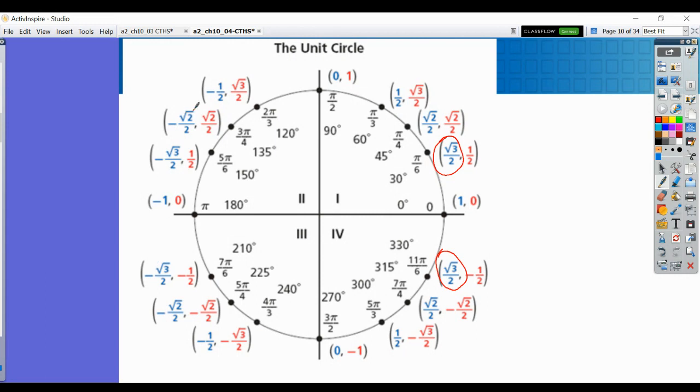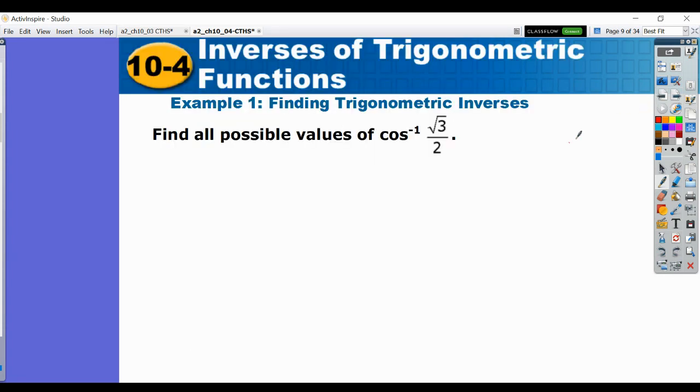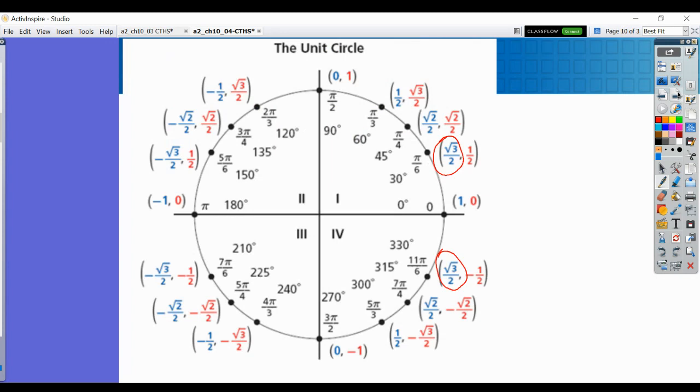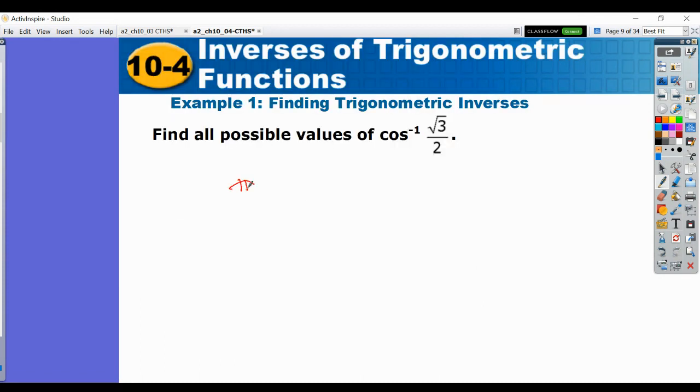All the rest of them have negatives. So there's only going to ever be 1 or 2 spots on the unit circle for these problems, but then we add more to make it an infinite number of answers. I forgot to write down the angles. We're going to answer this in radians. So pi over 6 and 11 pi over 6 are what I'm going to write down.